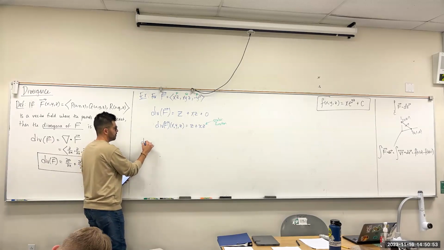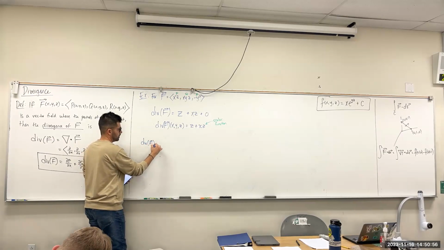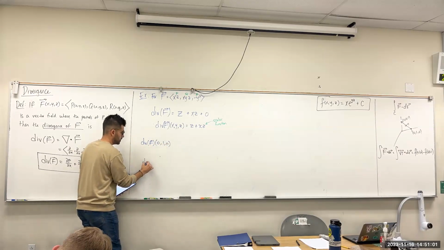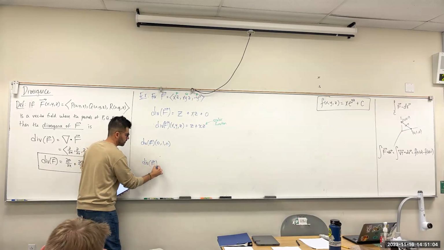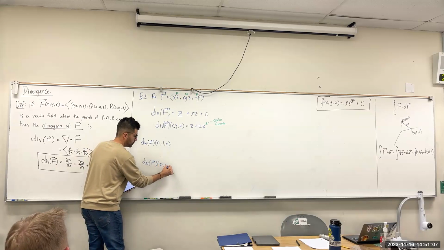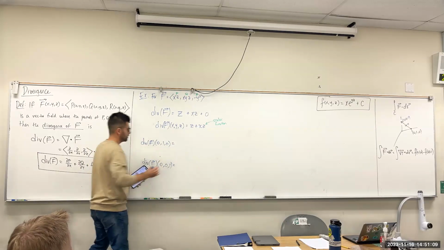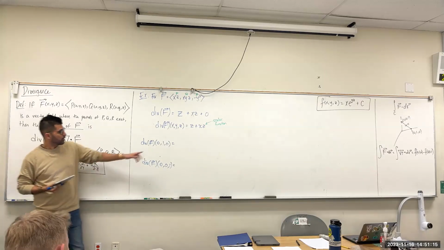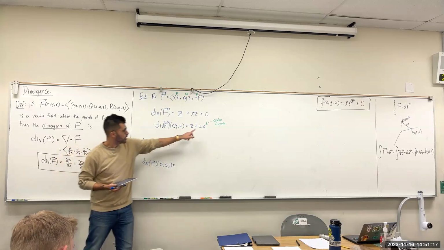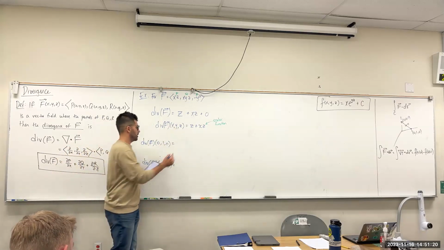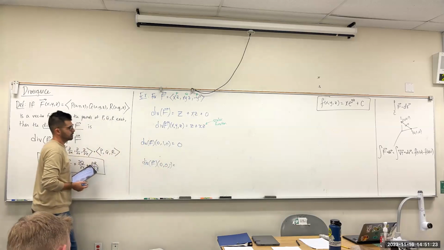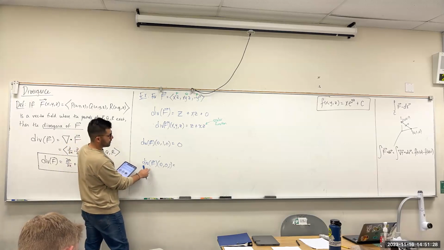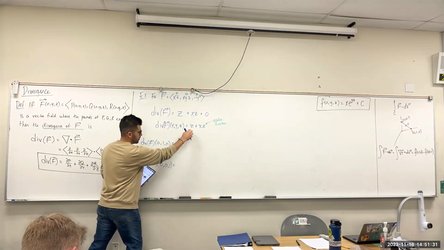So for example, if we plug in the point 0, 1, 0 versus plugging in the point 0, 0, 1. Plug in this point, let's see, x is 0, so that goes to 0, and z is 0, so everything is 0. And then for the second one, x is 0, so this guy's 0, z is 1, so you get that.